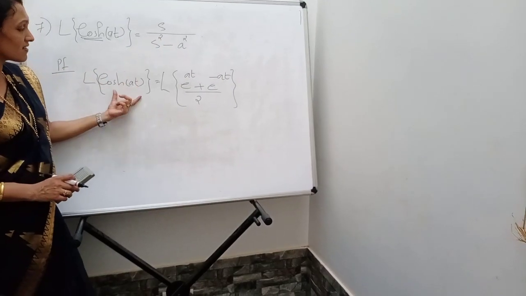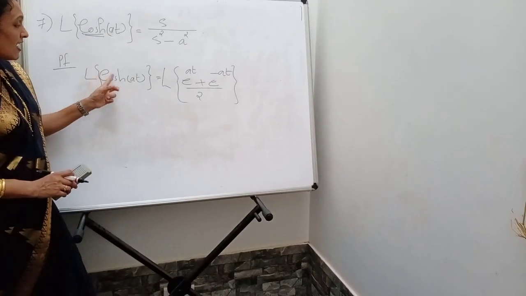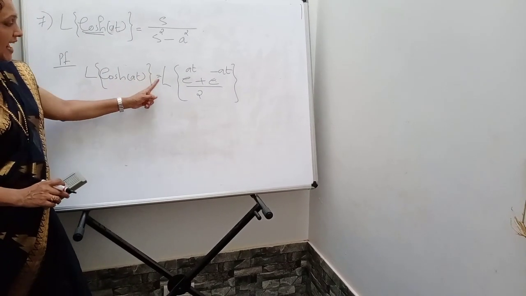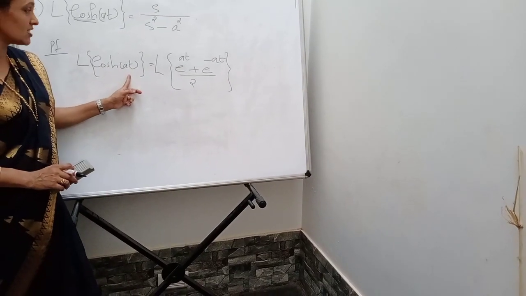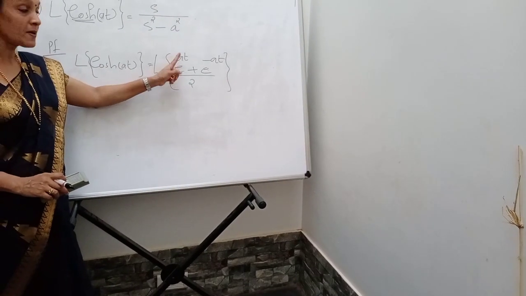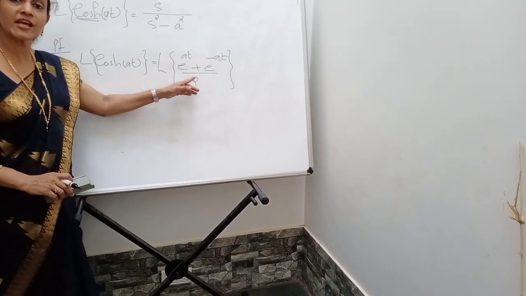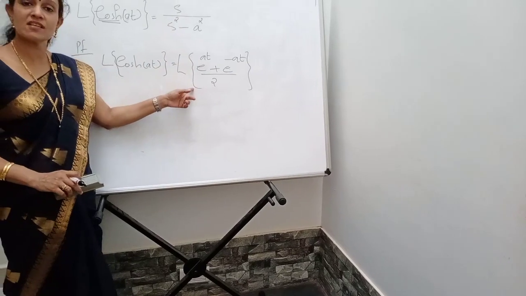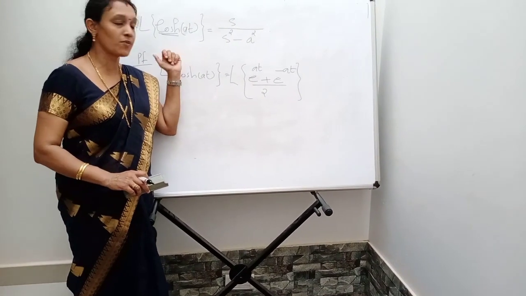We can prove this result by using the definition of cos h at. L of cos h at is equal to L of cos h at, and the definition of cos h is e raised to at plus e raised to minus at divided by 2. And you can prove this result by using the same method as we discussed in the previous equation.